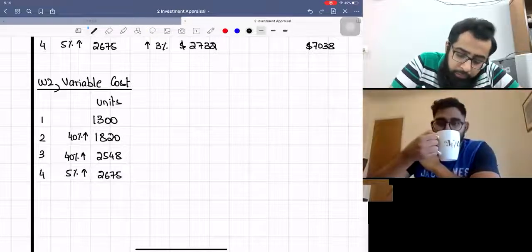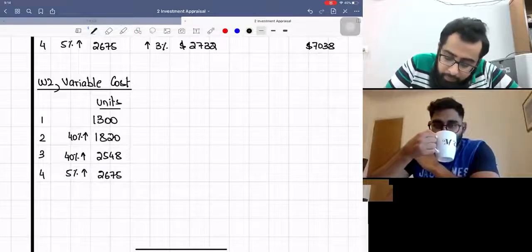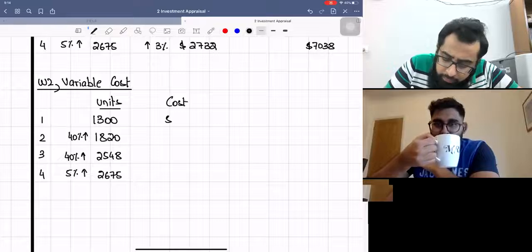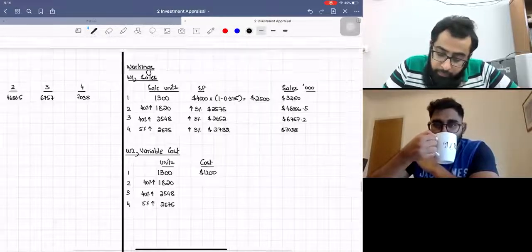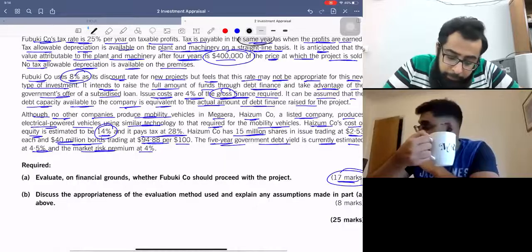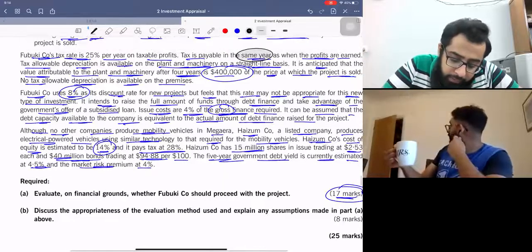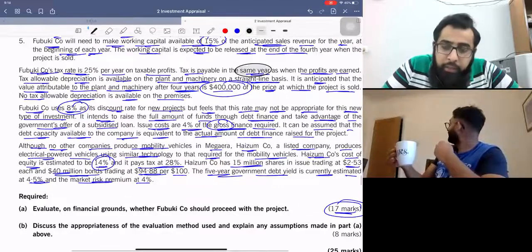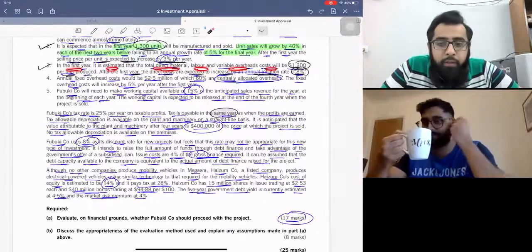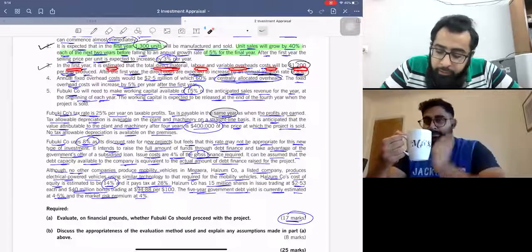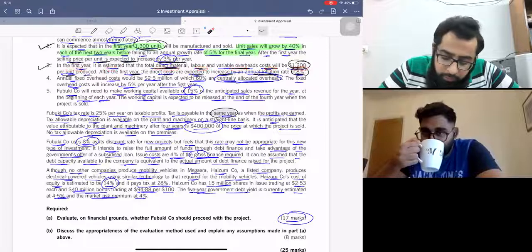Now the cost per unit is $1,200 if I'm not wrong. In the first year, it is estimated that direct material, labor, and variable overhead cost will be $1,200.